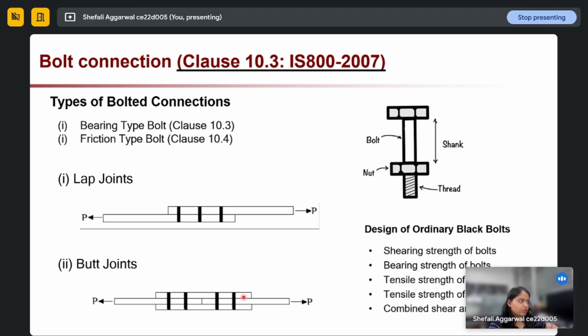When we go for the design of our bolts, these are the important terms which we are going to study. First is shearing strength of bolt, bearing strength, tensile strength of bolts, and tensile strength of plates. And last is the combined shear and tensile strength.